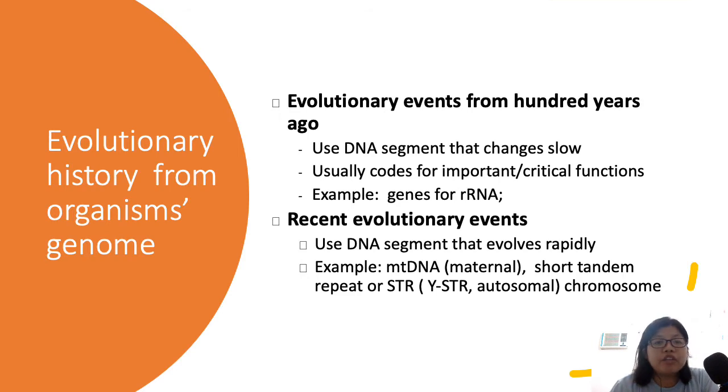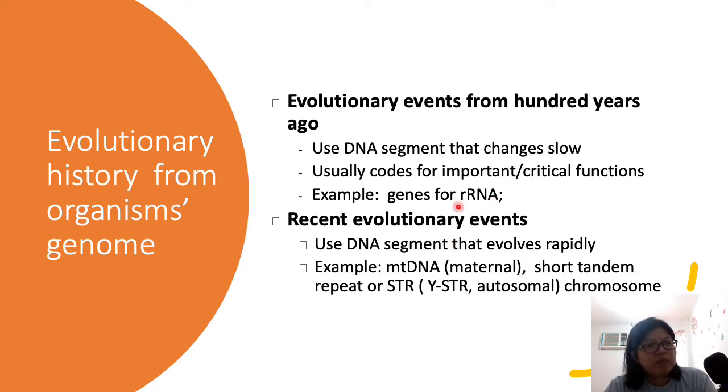For example, if your study is about relating evolutionary events or relatedness from organisms that diverged 100 years ago or millions of years ago or billions of years ago, you have to use DNA segments that change relatively slower than the others. Okay, these DNA segments are usually those genes that code for important or critical functions for the organism.